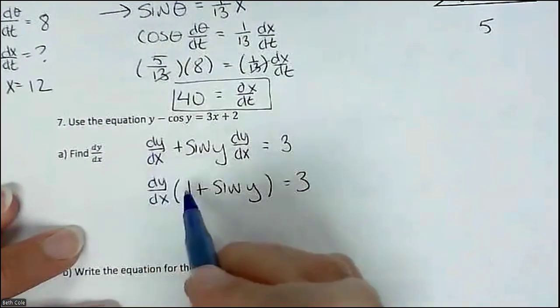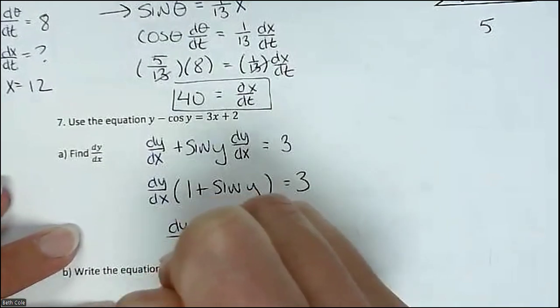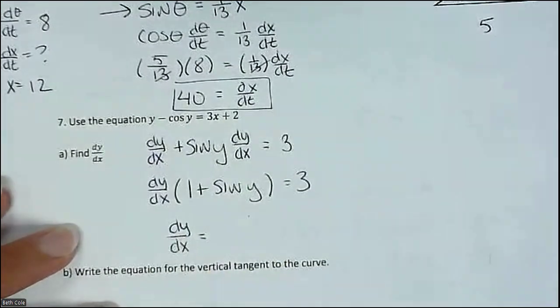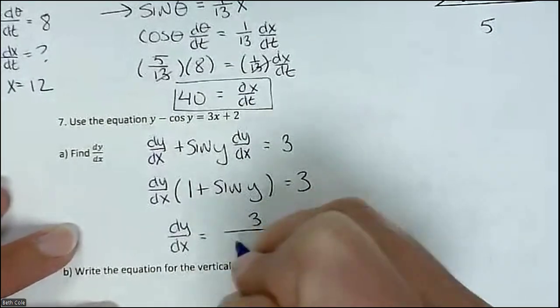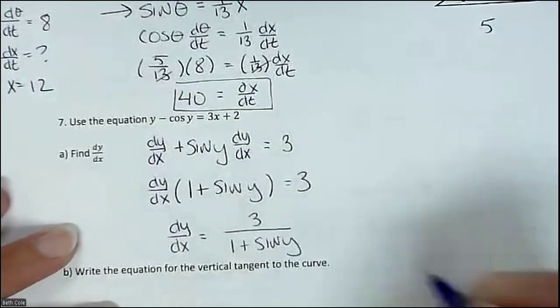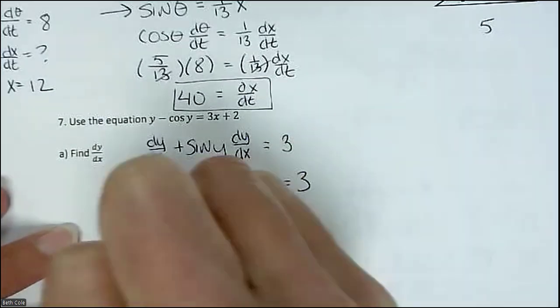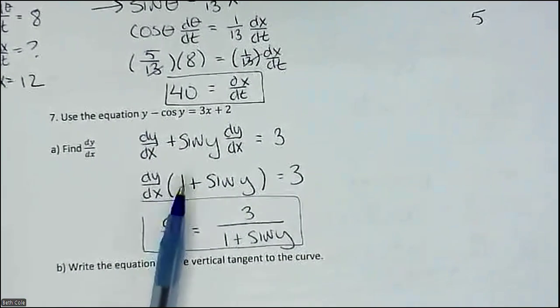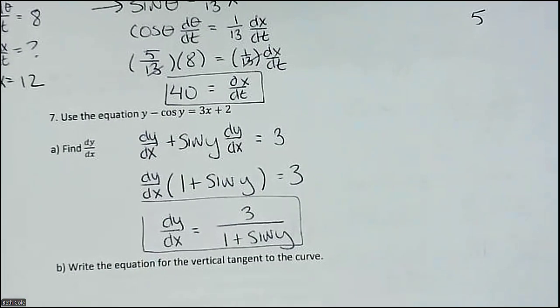Anything divided by itself gives you 1. And then what's your last step to get dy dx by itself? Yeah, divide, good. And that is your answer. I honestly think the hardest part of that was remembering to put that 1 there. That's tricky.